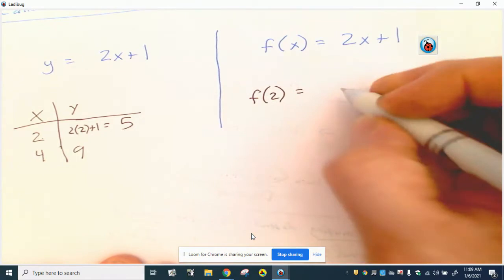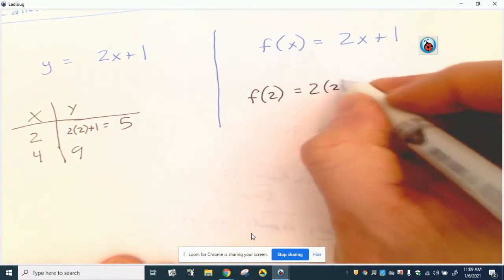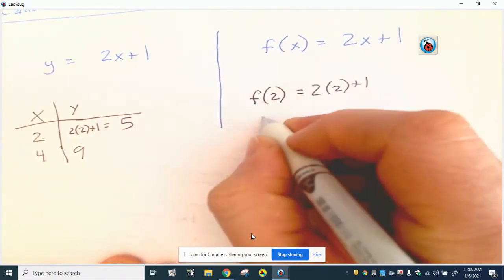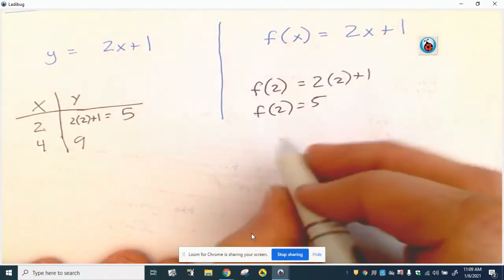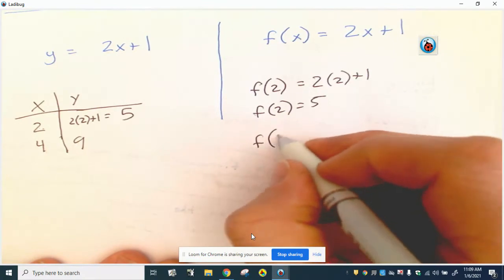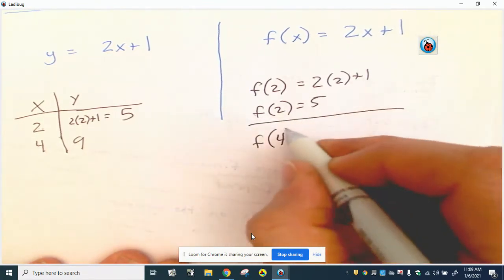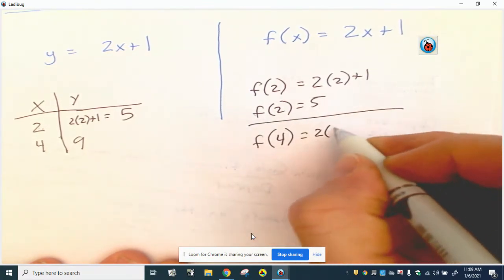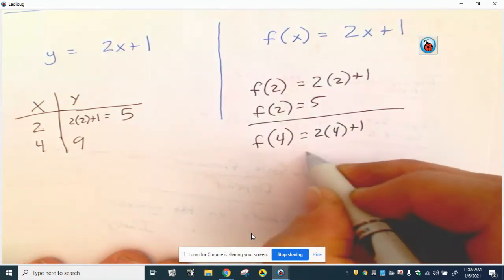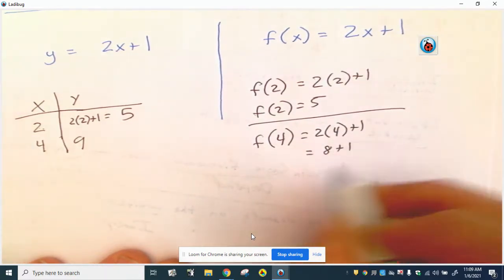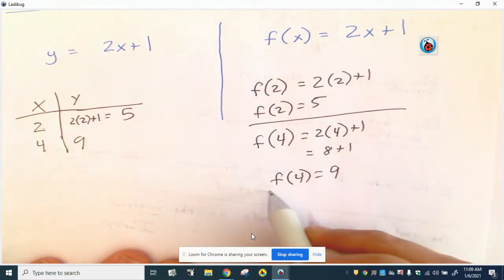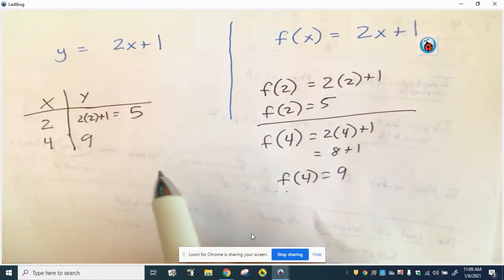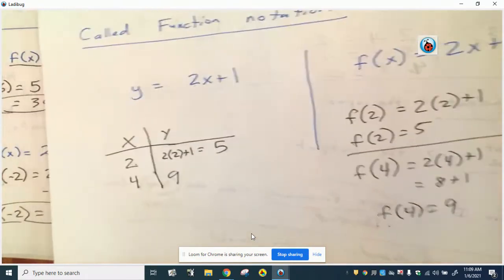Well, f of 2 is 2 times 2 plus 1, so f of 2 is 5. And then what is f of 4? You'd say 2 times 4 plus 1, which is 8 plus 1, so f of 4 is equal to 9. We're doing the same thing we did over there. It's just a different notation, a different way of doing the same thing.